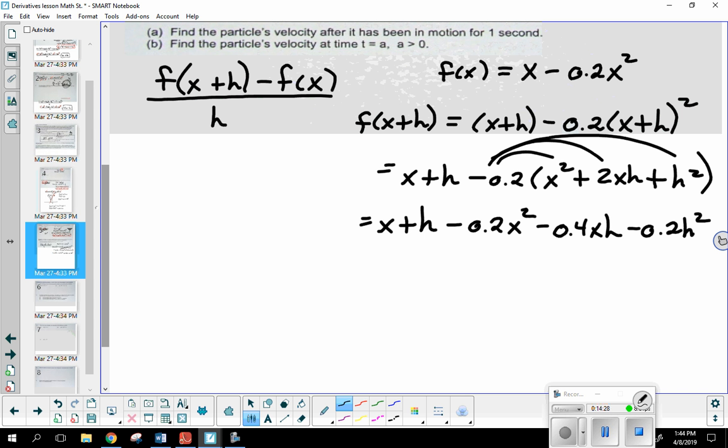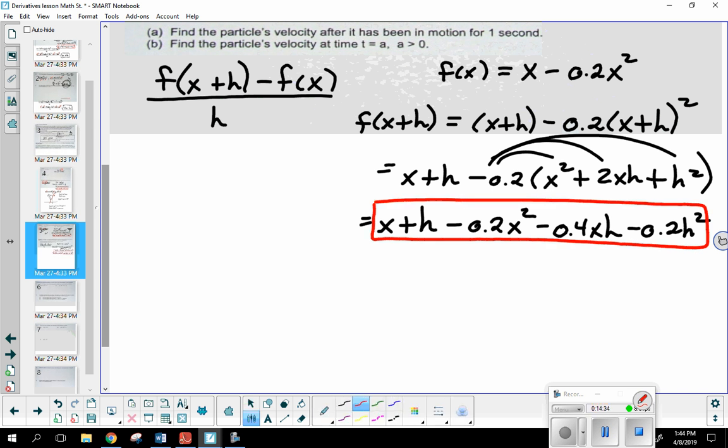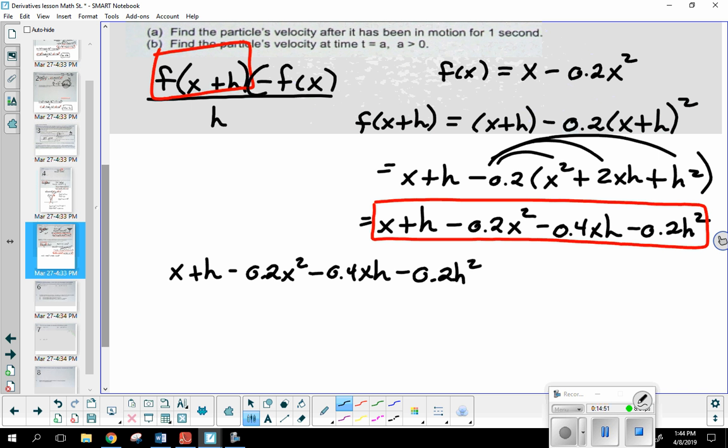Okay. So just like we've done before, this whole expression is the original function with the variables substituted, x plus h. That's the first part of my formula right here. So I'm going to say x plus h minus 0.2x squared minus 0.4xh minus 0.2h squared. Now I'm going to subtract.